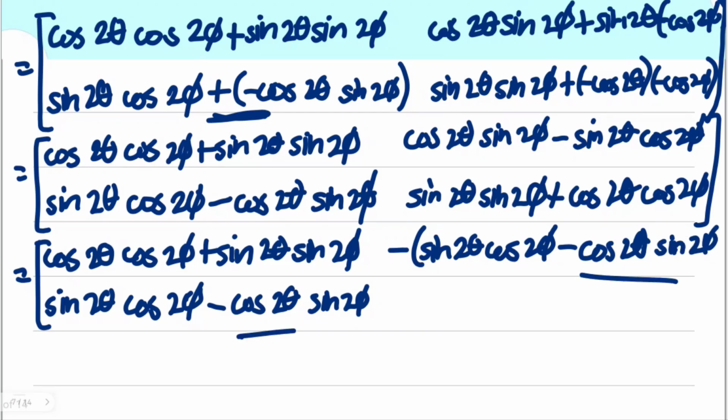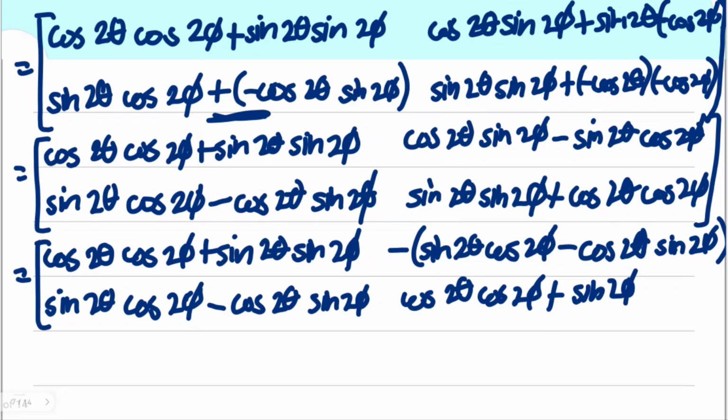This is now similar to that. Okay, so they will have the same identity later on, except that it has a negative sign here. Okay, so at the bottom, again, start with this to meet this form here. So you will have cosine twice theta, cosine twice phi, plus sine twice theta, sorry, and then sine twice phi.